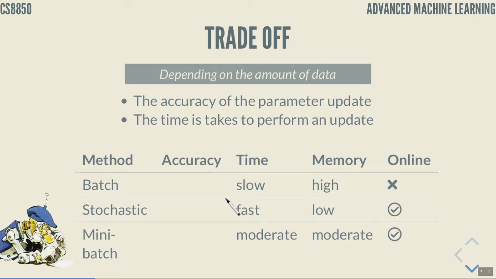So each data set is processed at every iteration. That's a lot. Stochastic, on the other hand, is fast and memory consumption is low, and it can be done online. So just take a sample at a time. No need to use any memory. No need to compute for all of the data. Very fast. Mini batch is moderately fast, uses a little more memory. Moderate memory, can be done online.